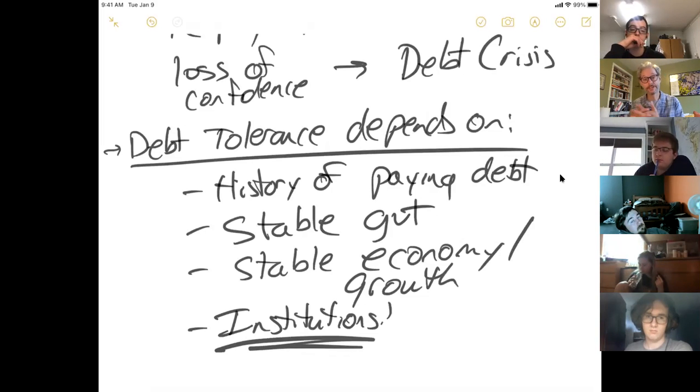Strangely enough, the fact that Japan has so much debt actually tells you a lot about how much debt tolerance they have. Markets keep on lending money to Japan because markets believe that Japan will repay. So you have this strange situation where having more debt actually means you're more likely to repay the debt, right? Simply because you're more likely to borrow from somebody who you think is going to repay you, right? And so, debt tolerance is really the key to understanding when debt crises happen, right?